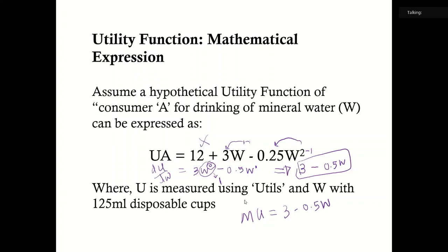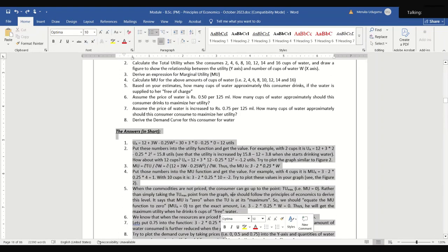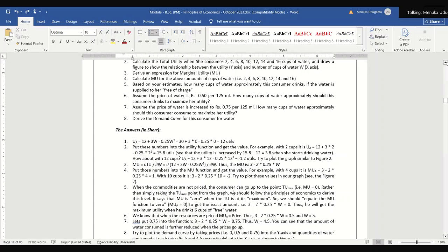So if everyone's okay with this, then we will go to the next question. And then you can calculate the marginal utility. You can substitute these values for W and find the marginal utility values. So the answers are there, and we then go through that.